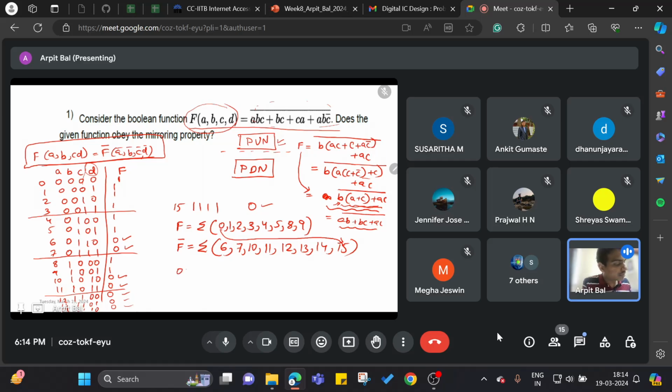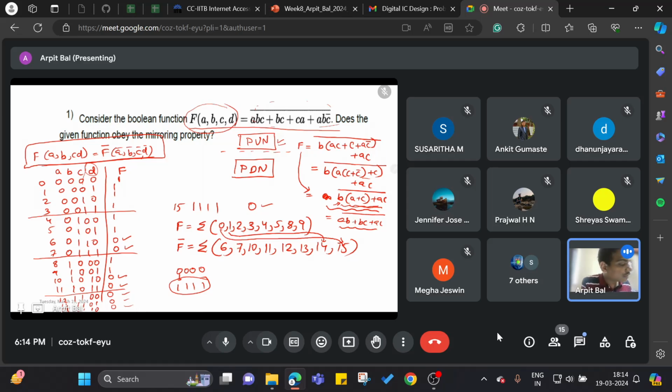If it is 0, 0, 0, 0 and I'm complementing all the inputs, it will be 1, 1, 1, 1. It means my f bar 15 term should be covered. Similarly for 1, if you take the complement, 0, 0, 0, 1 will be 1, 1, 1, 0. That is 14.